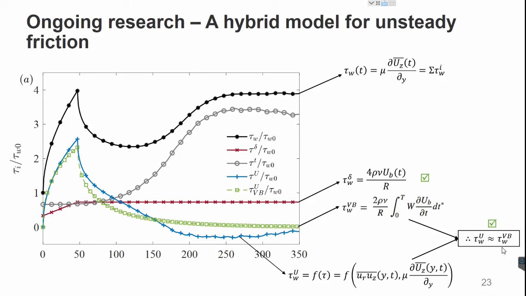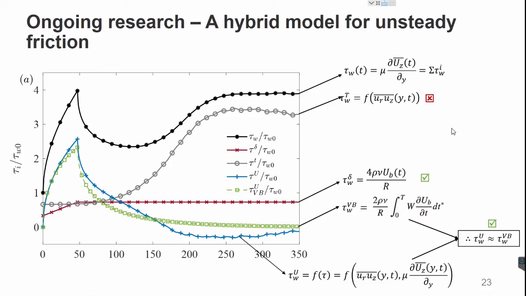The last term we need to calculate is the turbulent component, which is this gray line. To predict this one, we need to know the mean Reynolds shear stress, which is a function of the wall-normal position and also a function of time. Unfortunately, we cannot predict that using analytical methods because we would need to solve turbulence.